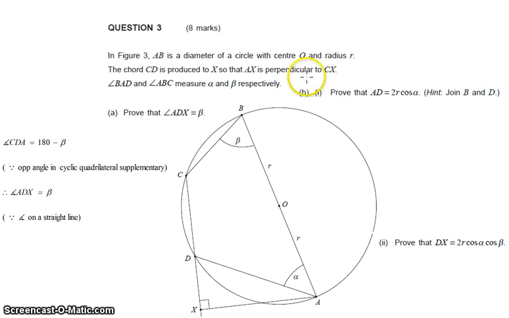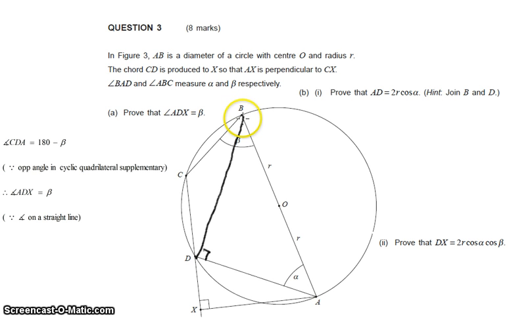Now we move on to part B, part 1. Over here you have to show AD is equal to 2R cosine alpha. And the hint is to join B and D. Now let's join B and D, and we see this is a right angle triangle.